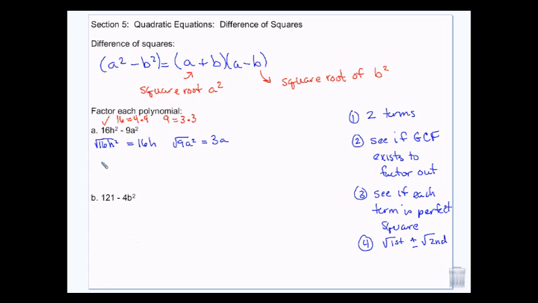So factoring this, I do 4h plus 3a and 4h minus 3a. Getting ahead of myself or behind myself, I don't mean to confuse you guys.